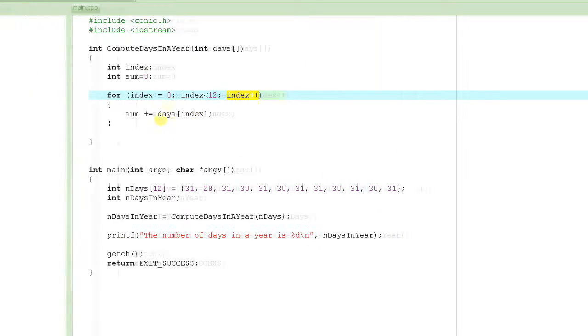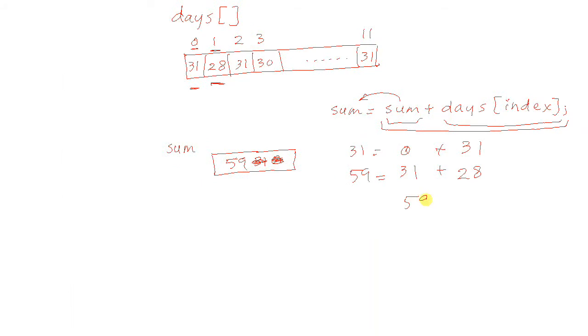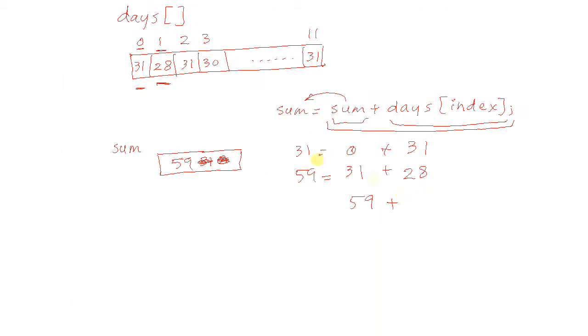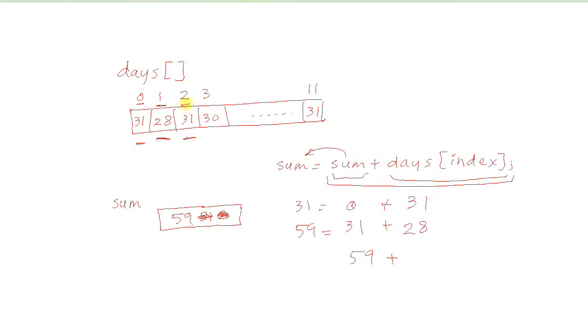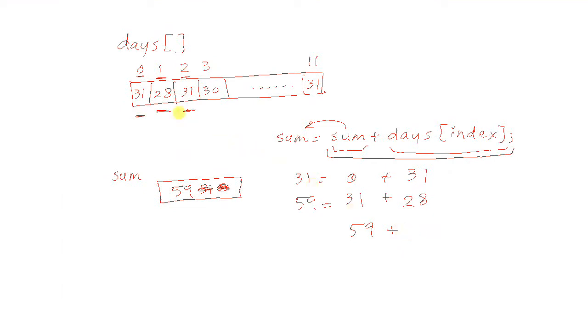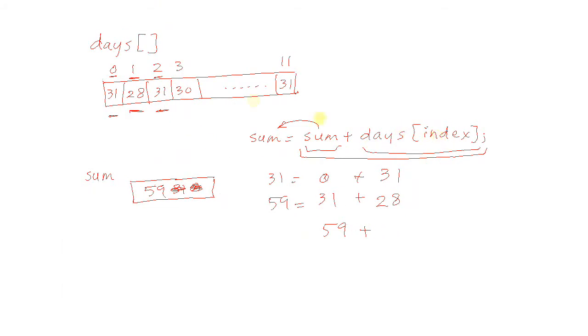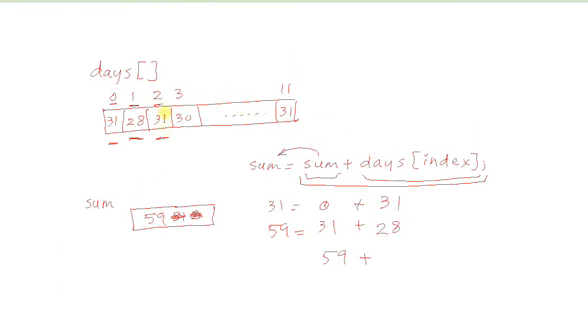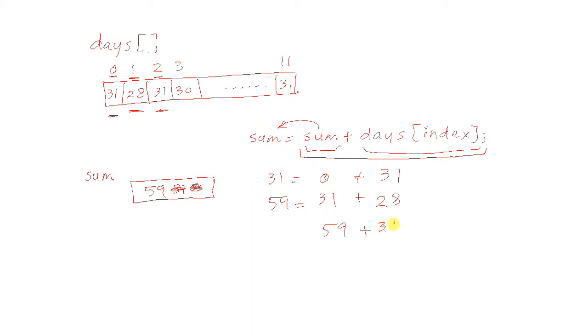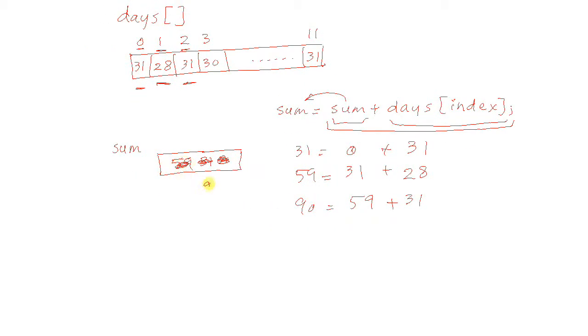And then next time when this is executed, we will have 59 plus 31, because the value of index would be 2. So days of 2 is the third element of the days array, 31, and that will give us 90. So we store 90 here, and so on.